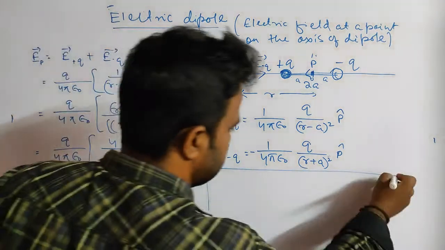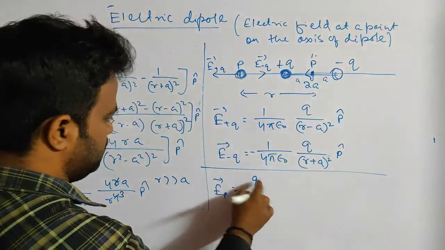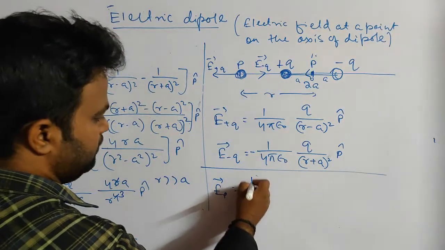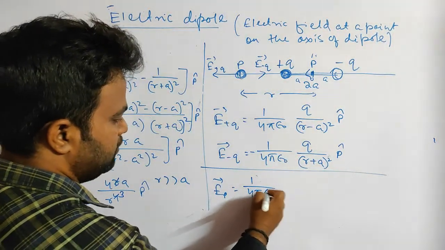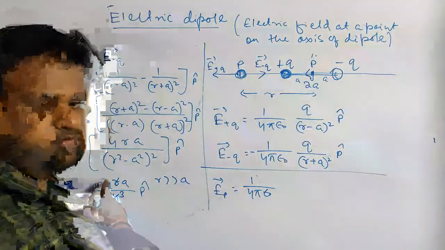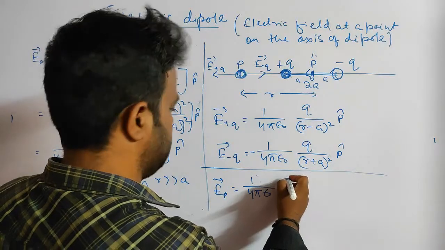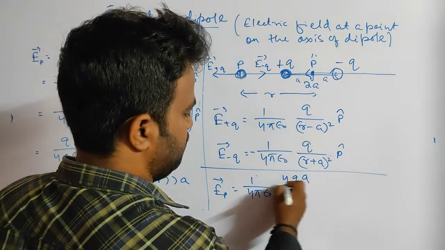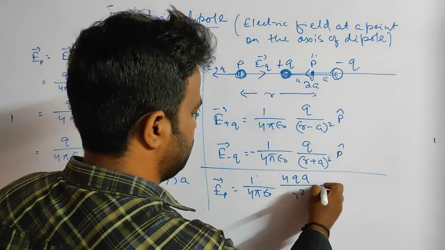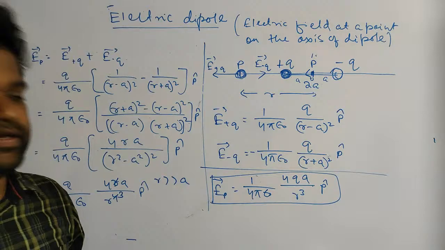So the final result is your electric field at point P is 1 by 4 pi epsilon naught, that one you can write k also, 4Qa divided by r cube, p cap. So this is your electric field at point P on the axis of the dipole.